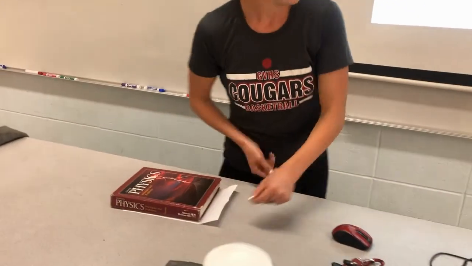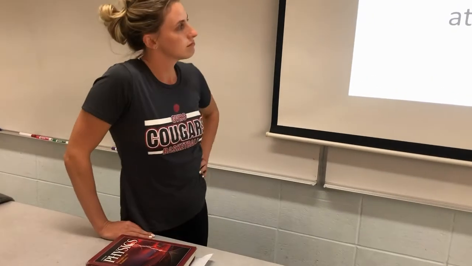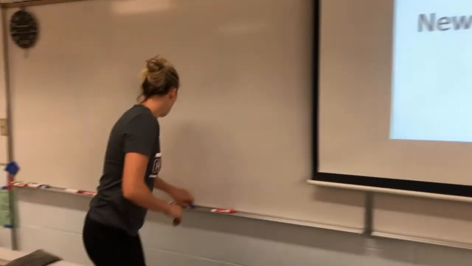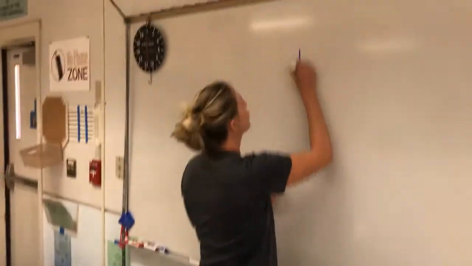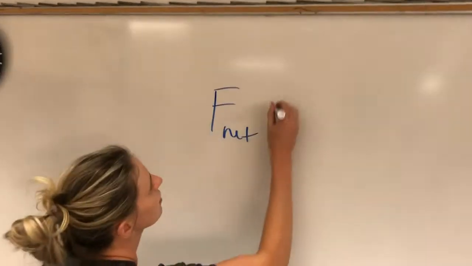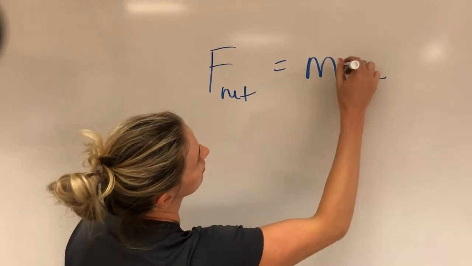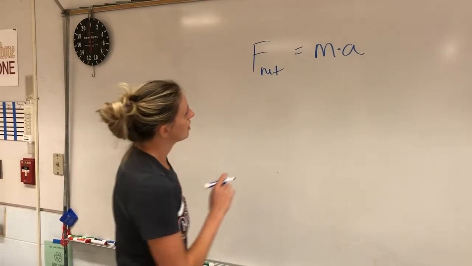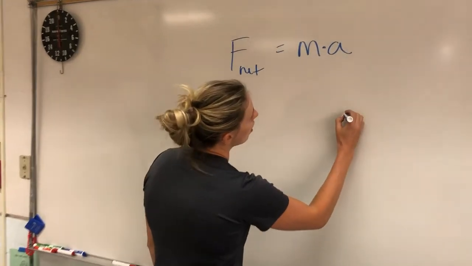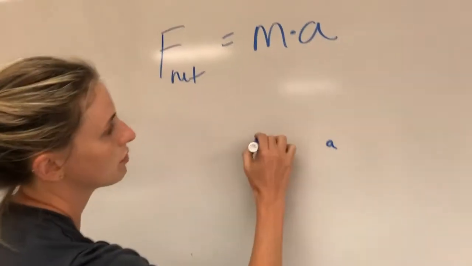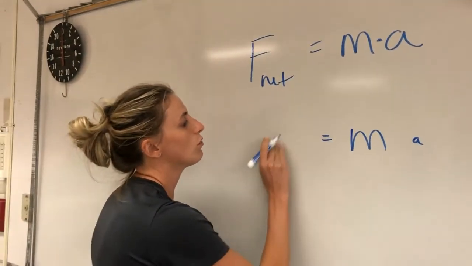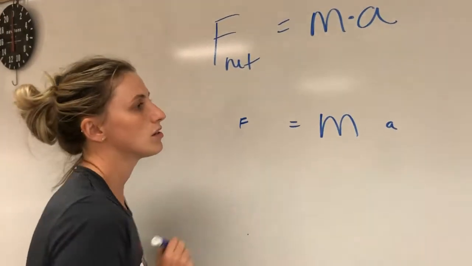Now, Newton's second law. What does that look like? It's an equation. Force net equals mass times acceleration. If we have a small acceleration with the same mass, then we only need a small force to make it move.